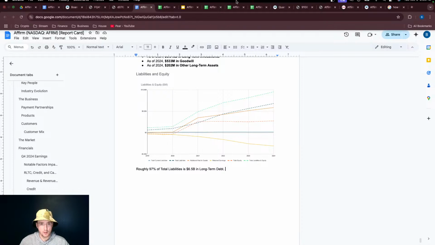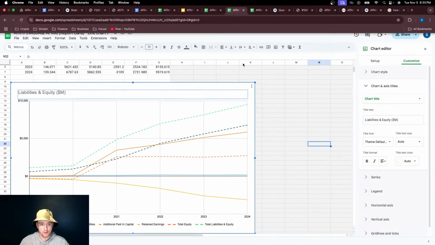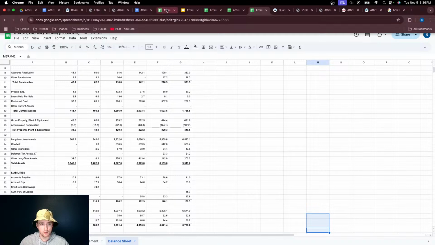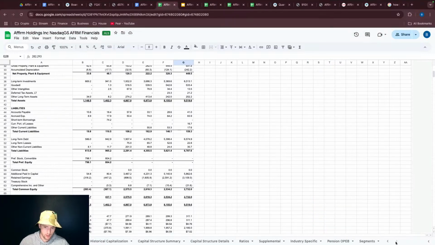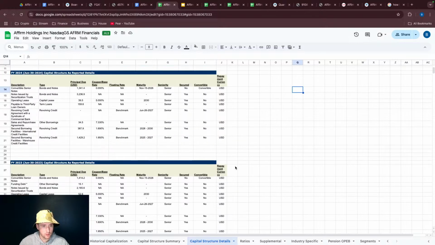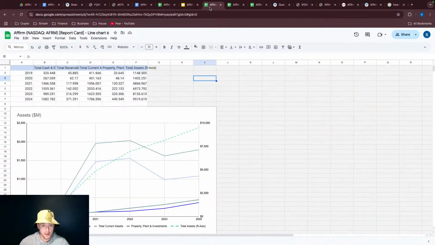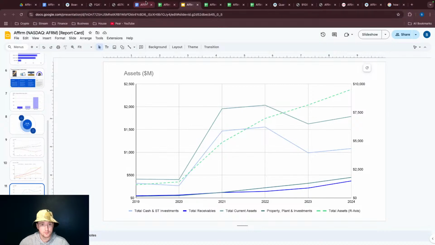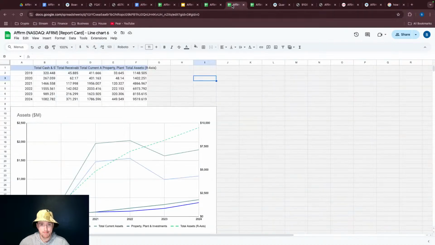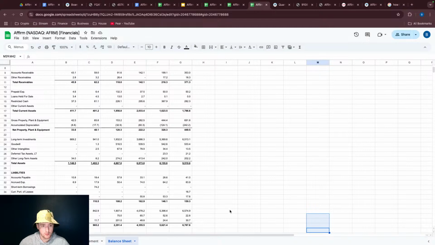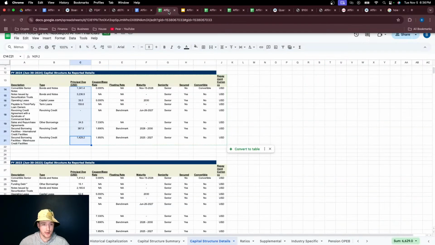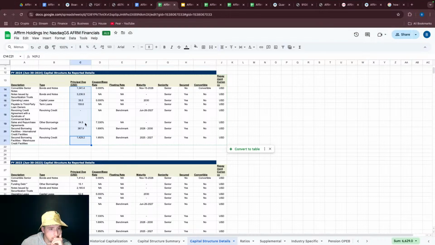Roughly 90 is long-term debt. So we can go back to our spreadsheet and look at their capital structure. Remember, we said there was $6 billion in long-term debt. 6.6 billion. Let's go back over here. Where was it? 6.5. So a lot of that other borrowing.